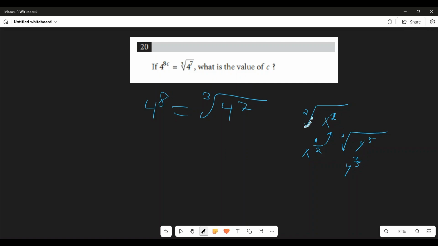I always like to remind myself, if I get confused about where the numerator or the denominator goes in a fractional exponent, I think back to my square root example. If you can remember that x to the 1/2 power is equal to the square root of x to the 1 power, that can help you remember the overall rule for everything else.